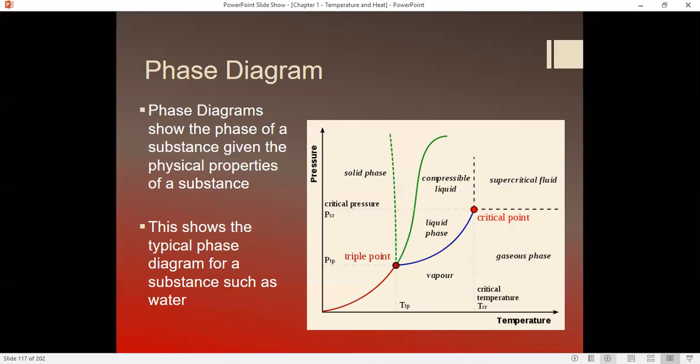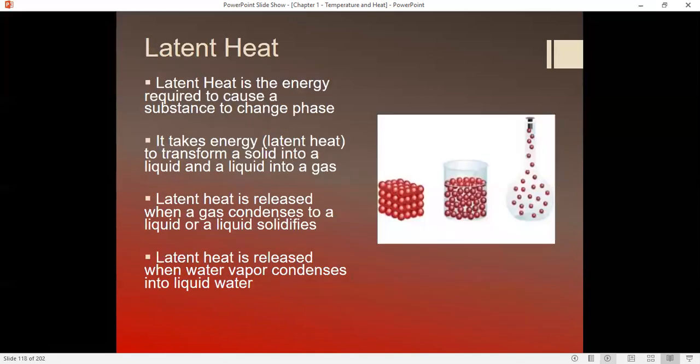If we're going from a higher phase to a lower phase, obviously that Q is going to be negative, which means we need to bring energy out of the system. So again, as we're going from a solid to a liquid, we need a positive Q. As we're going from a liquid to a gas, there's going to be a positive Q. And then, of course, the reverse involves removing energy.